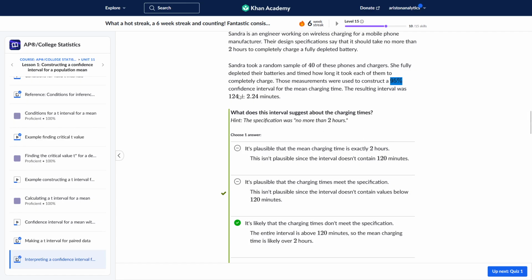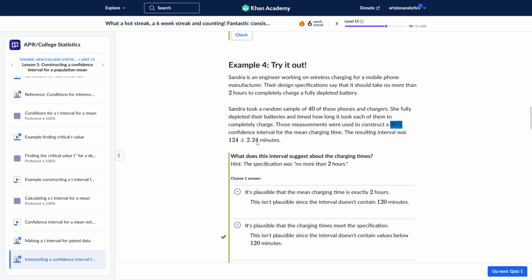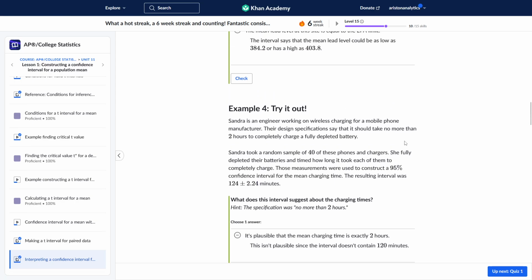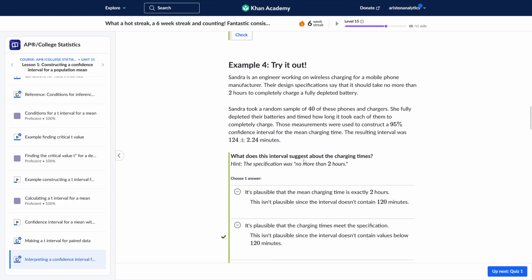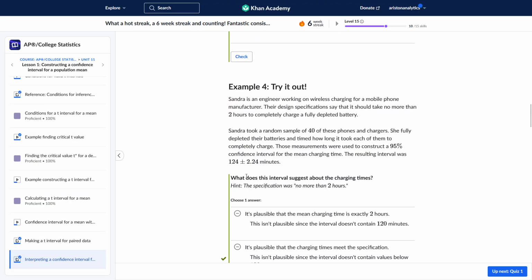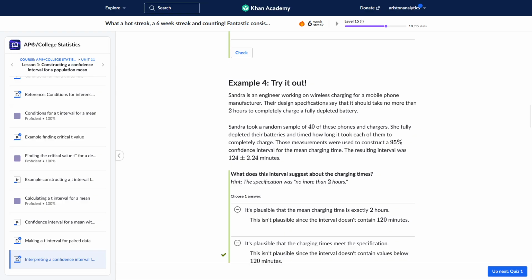This is basically saying that between 122 and 126, roughly 2.24, 95% of the time that you generate samples from the population, it will contain the true population parameter.